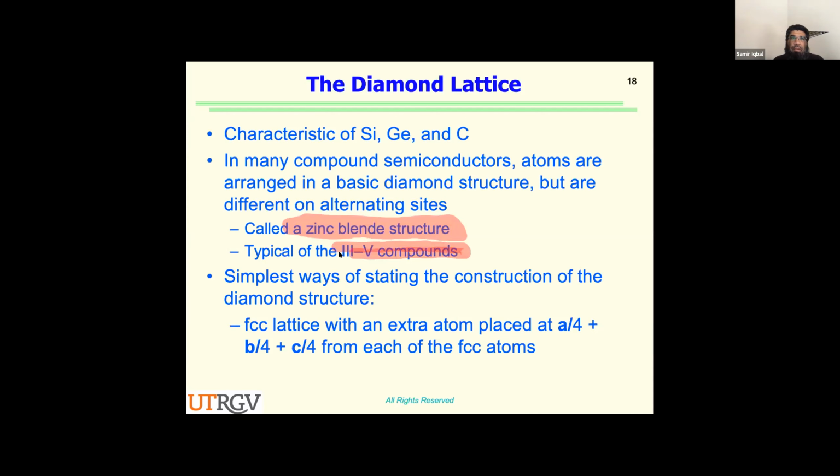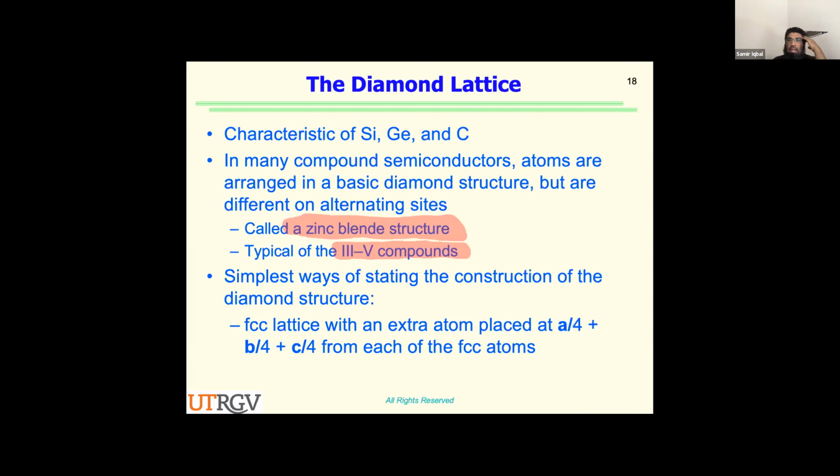So when we mix 3 and 5 compounds together, you guys know what 3 compounds, 4 compounds, and 5 compounds are. Which group does silicon belong to? Group 4. We say group 4. That's the word we use. Group 3, group 4, group 5. Very good. So now, okay, how does it look?